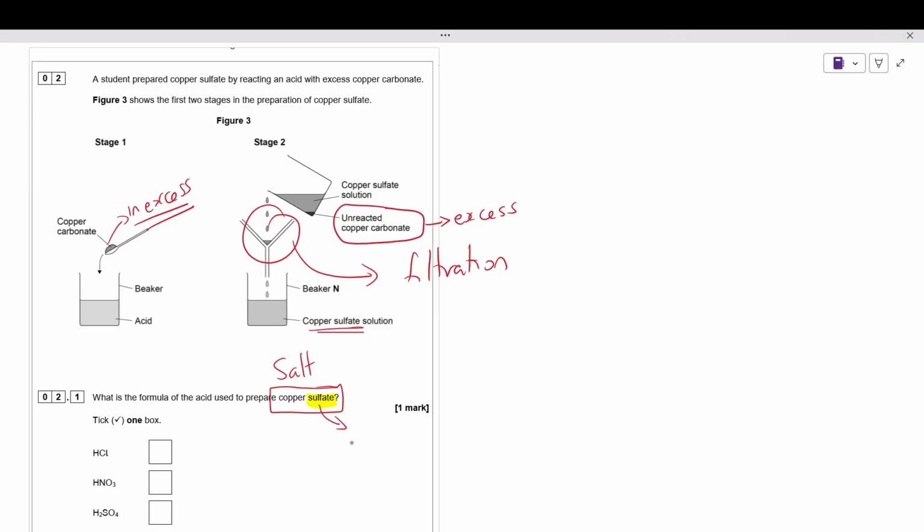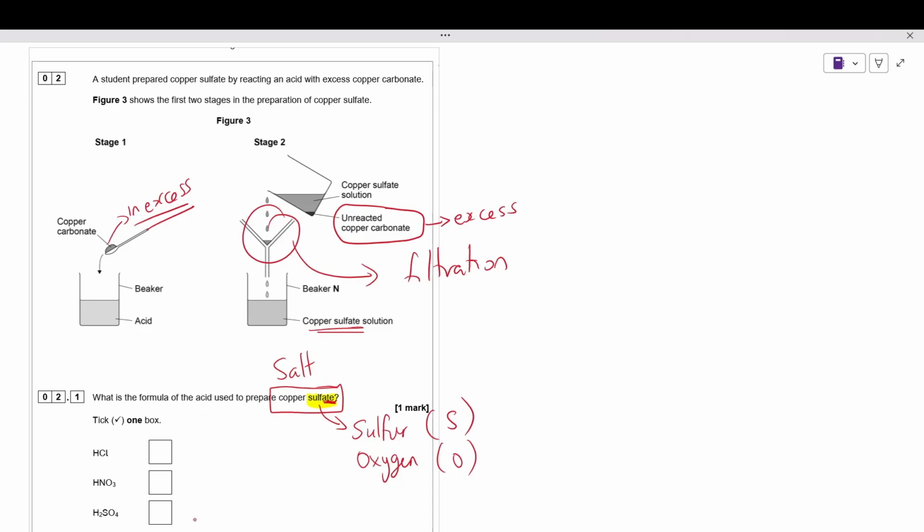Now, just to think about it, sulfate, you should be thinking about sulfur. And sulfur has the symbol S. And that 'ate' portion suggests that oxygen is present in that compound.